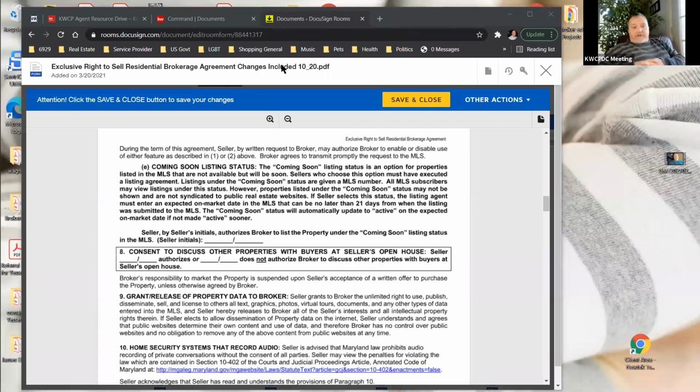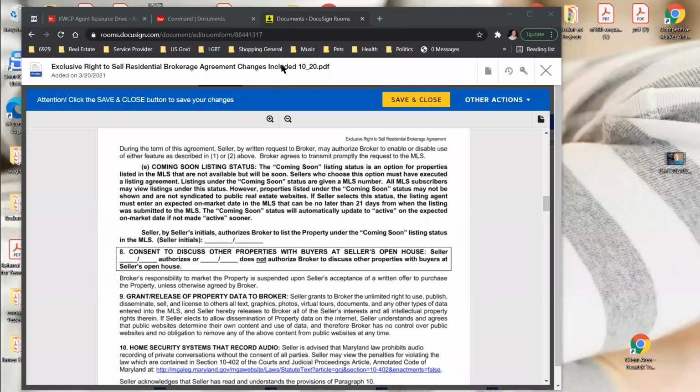And by the way, a little trick that we found: if you really want to have a period of time where you're able to get people in this coming soon status situation.